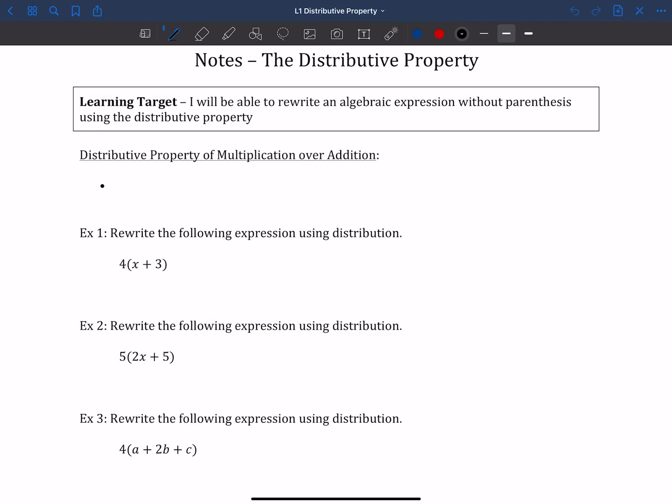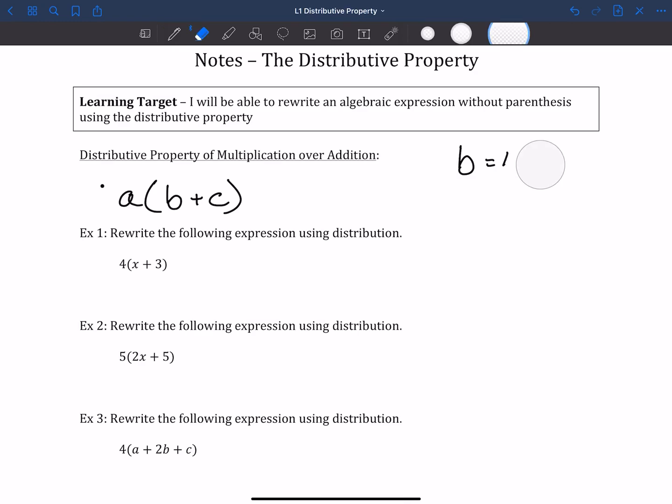So we have the distributive property of multiplication over addition. What that means is that if I ever have a problem that looks something like this, A, B, and C might be numbers, they might be variables. B could be the same thing as 4x in a given problem. We won't really know until we get into the problem itself.